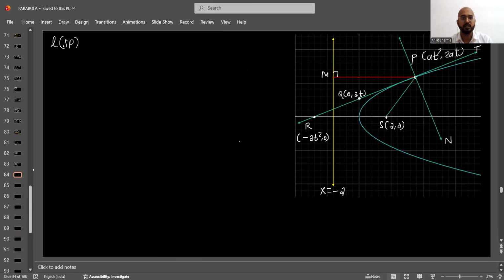Now let's find the lengths. The length of SP is nothing but the focal distance of this point, which is a plus at square. We just need to add the abscissa. So SP is going to be a plus at square.